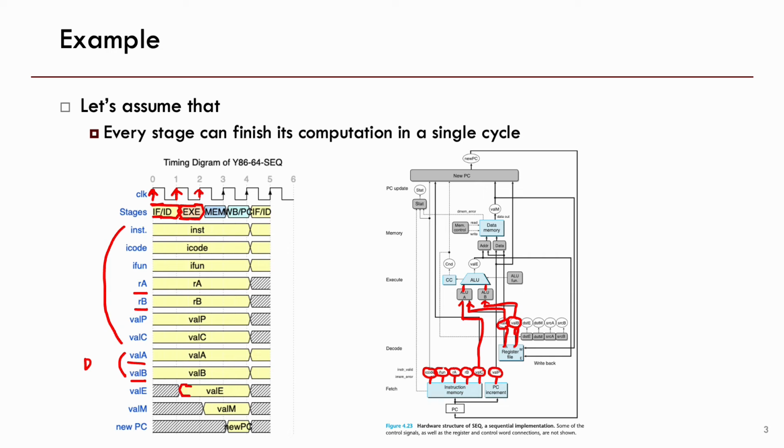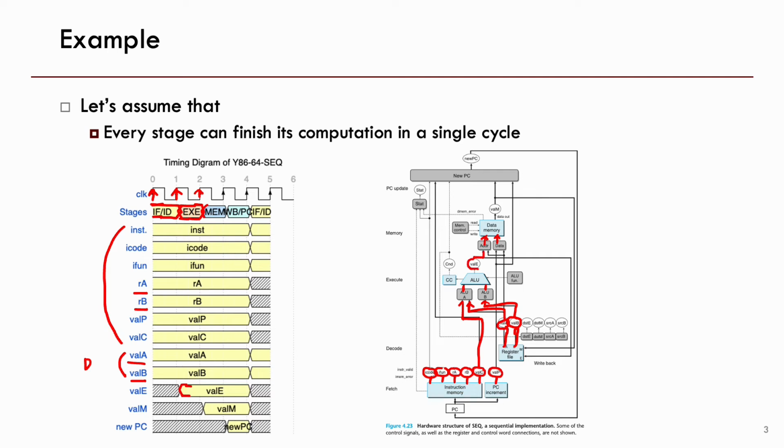Then in cycle 2, we can start the memory stage. Let's double check whether all the inputs to the memory stage are available. What are the inputs to the data memory? We trace back.